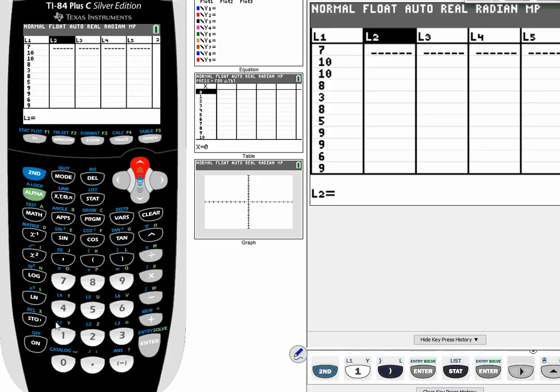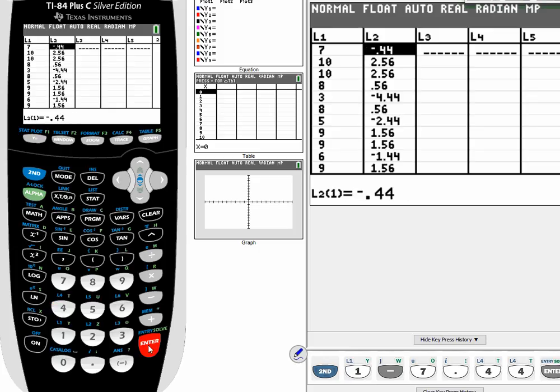So that's what I'll type, second 1 minus, and I could either use the mean or I'll just do 7.44. It wasn't that bad. If it was a long decimal, you want to use x bar, and then it'll use that actual value as we go. So I'm going to push enter, and it just calculates all those for me.